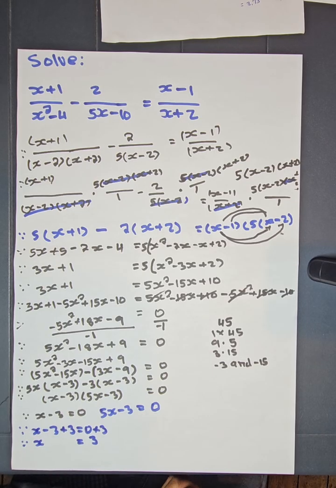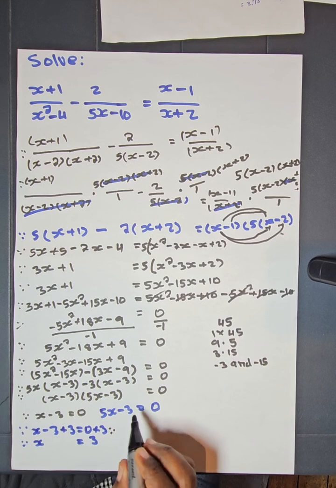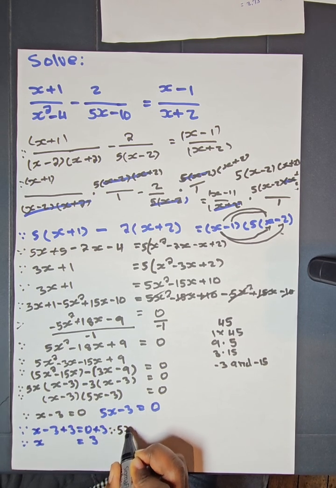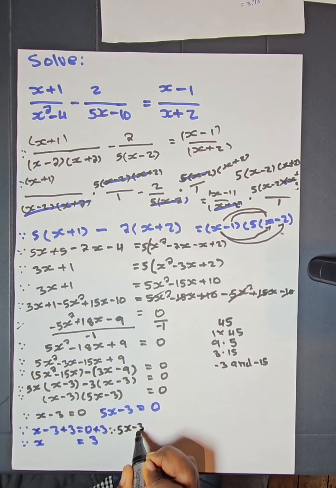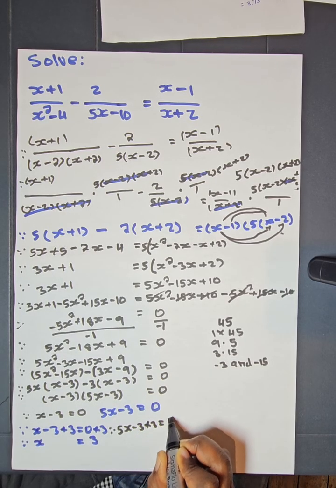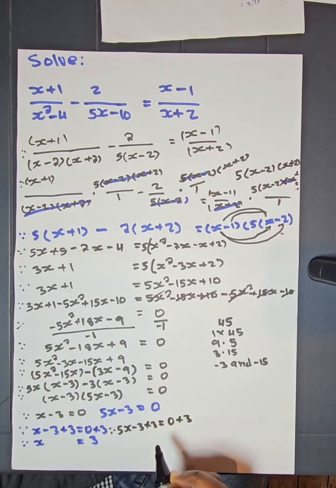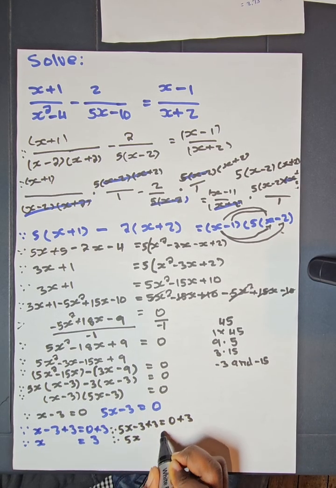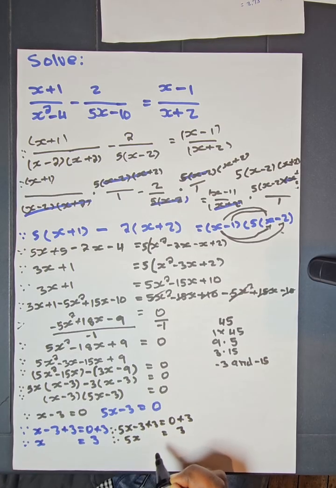Now let's check our second factor, which is 5x minus 3 equal to 0. Let's get rid of minus 3 by adding 3, and remember to add to the other side too. 0 plus 3. This simplifies to 5x equal to 3.